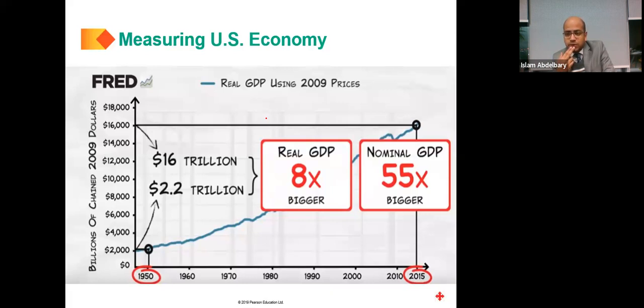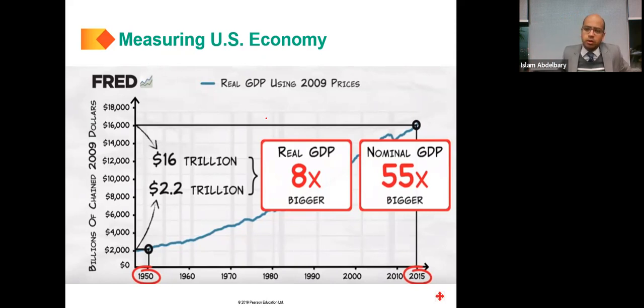So again, the question: do these numbers reflect an increase in the standard of living of American citizens? If you remember, economics as a science exists to increase the welfare, to increase the happiness of people, not to make the economy richer and bigger.